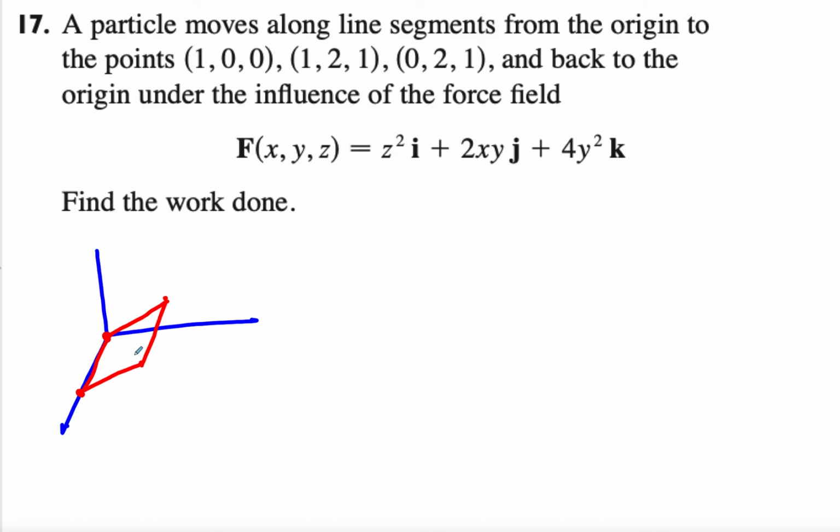So x is independent, x goes from 0 through 1. And the z is in fact half of y. Because if you think about it, this one is the projection of z equals half of y from the yz plane and extend it over in x direction from 0 through 1.